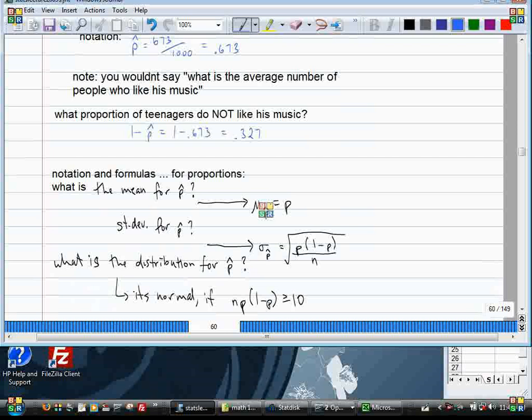It's normal if you have np times 1 minus p at least 10.